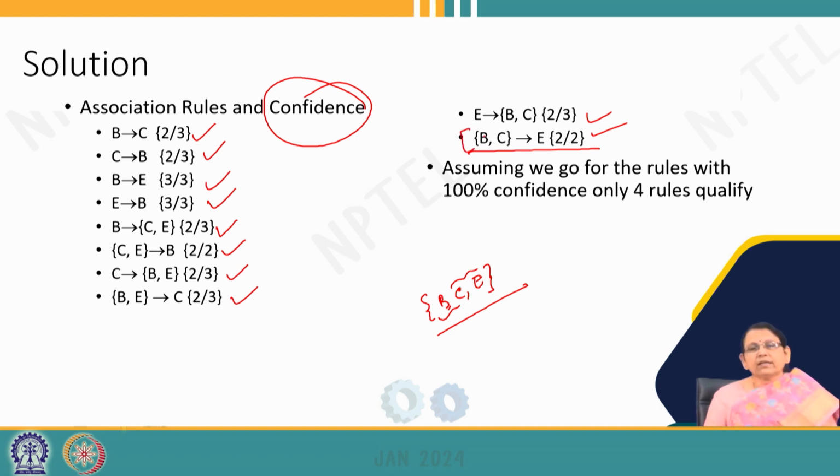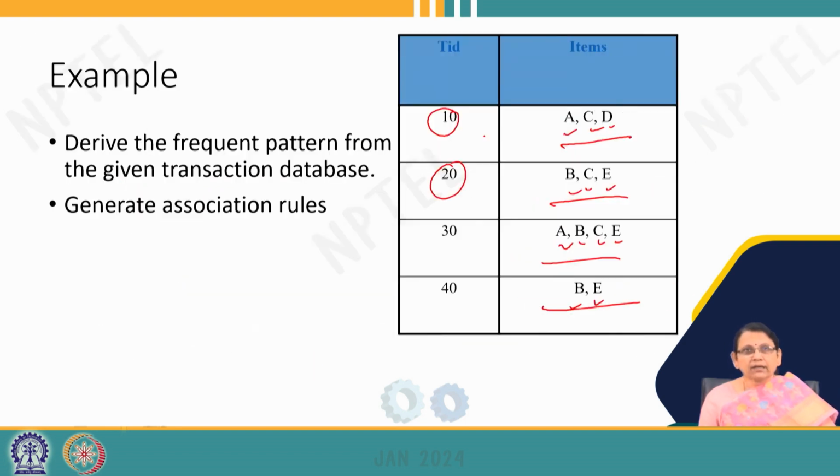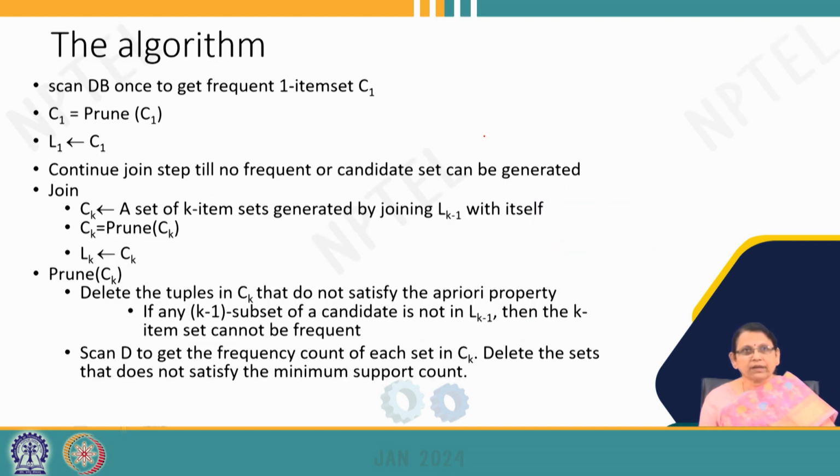So, whenever a user gives ratings for B and C, next time when he comes in we will be recommending the item E, because our rule says that this is a rule with the pre-decided support and confidence. So, as I told you, we can go back and see the algorithm once.